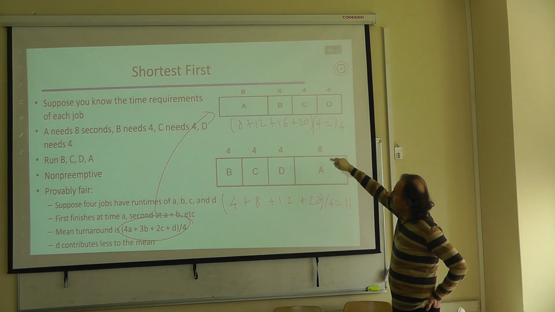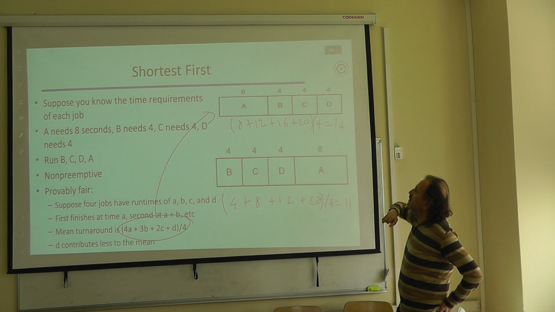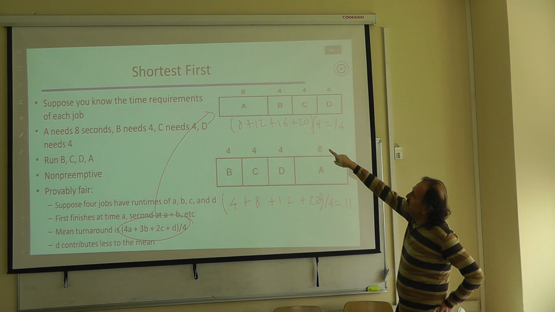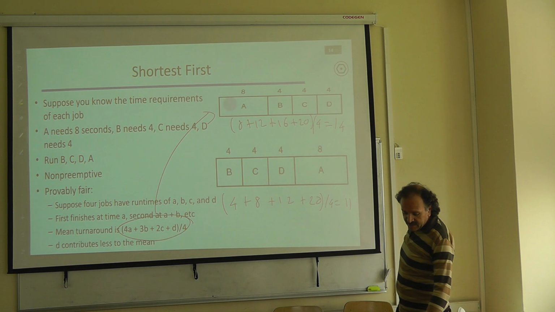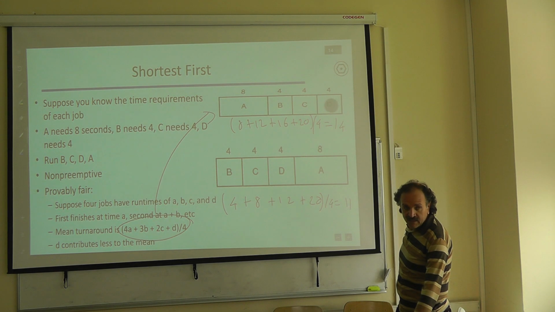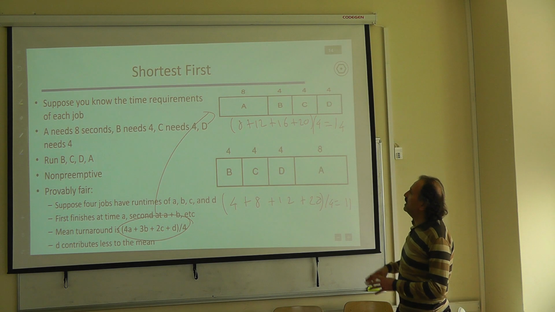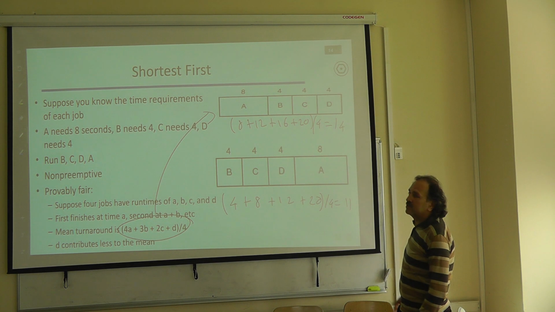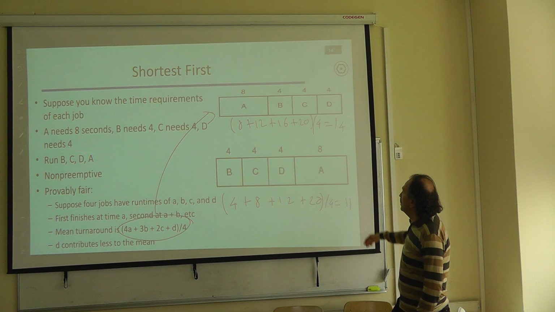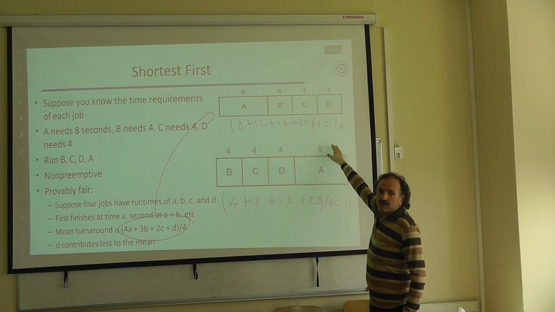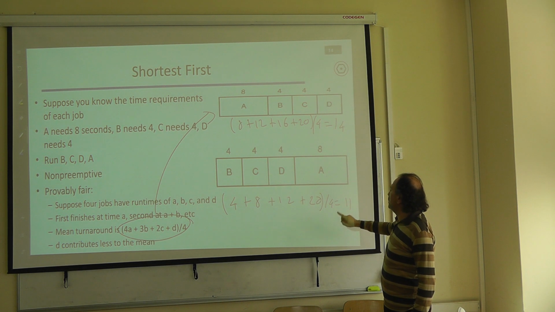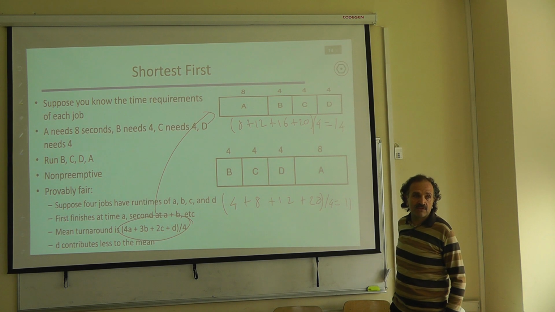In that case upstairs, A takes 8 seconds, this one takes 8 plus 4, it takes 12 seconds, this one takes 16, and this one takes 20 seconds, okay? So I add them up and divide by 4 because I have 4 jobs. So each job takes 14 seconds on average. But in this case, each job takes 11 seconds on average.